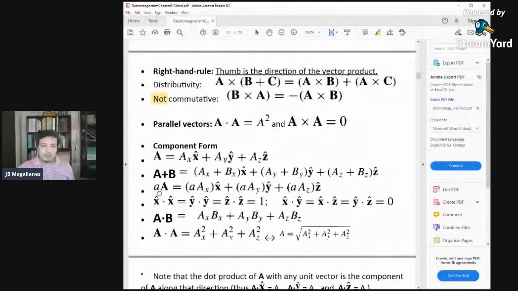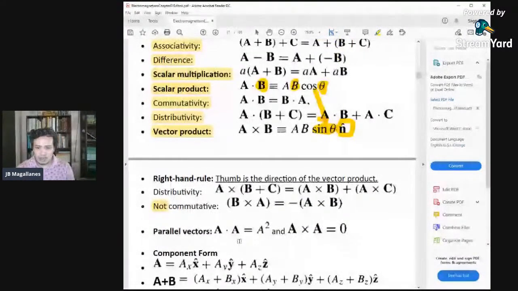If you multiply a scalar by that vector, you just multiply each component by that scalar: a times ax in the x direction, a times ay in the y direction, a times az in the z direction.